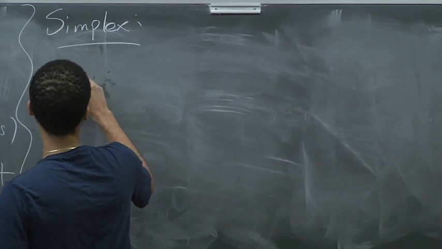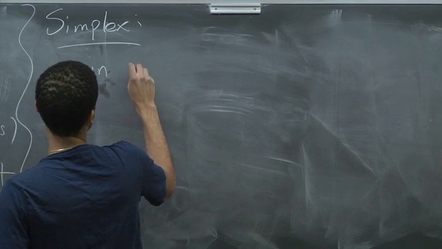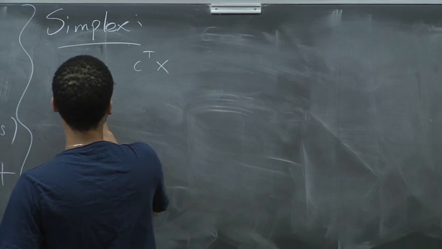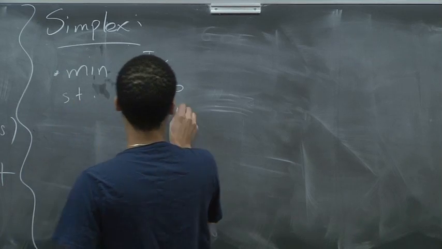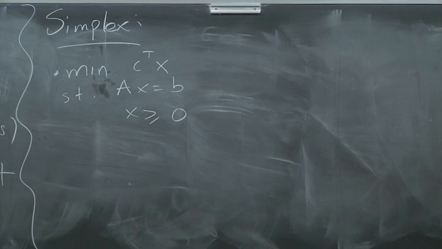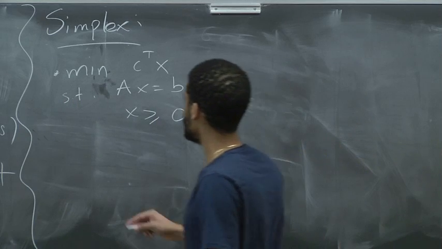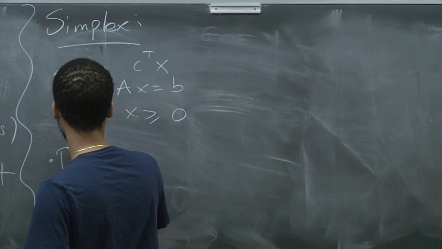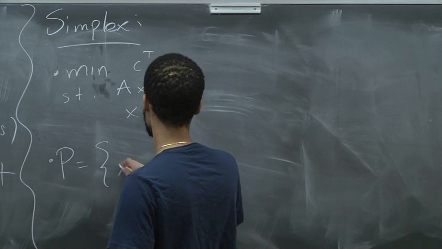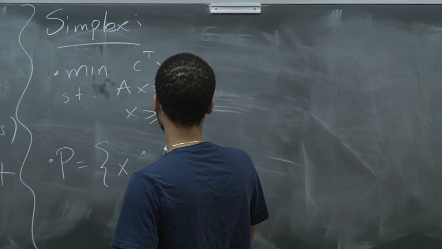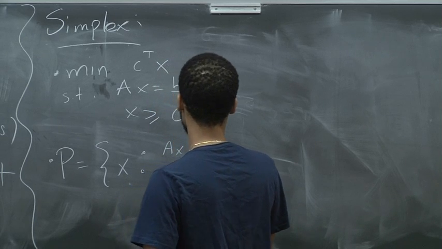So we want to minimize c transpose x such that Ax is equal to b and x is at least 0, coordinate-wise. And we can define this polytope P, which is the set of all points x that are feasible, so x such that Ax is equal to b and x is greater than or equal to 0.